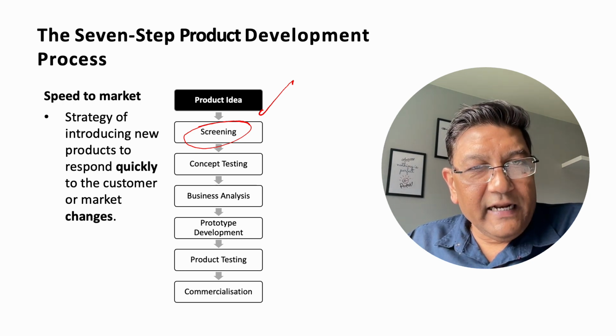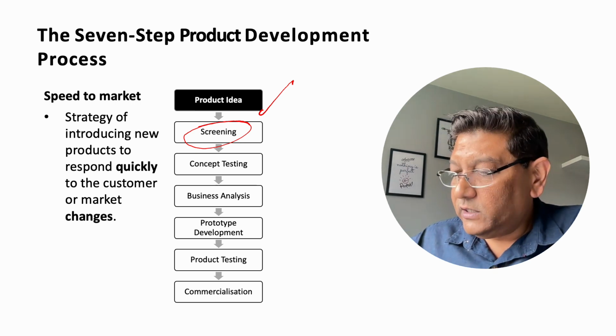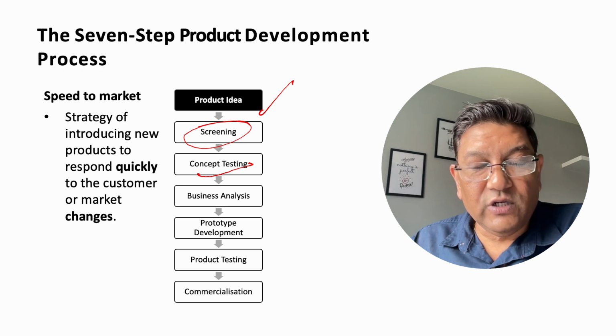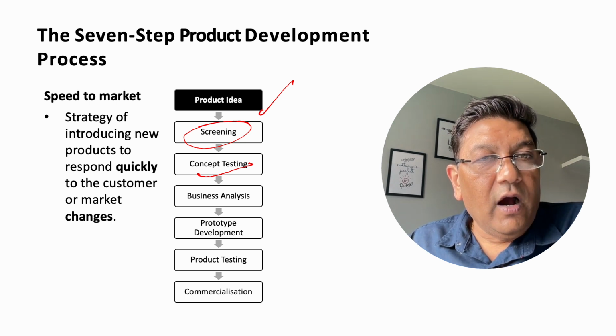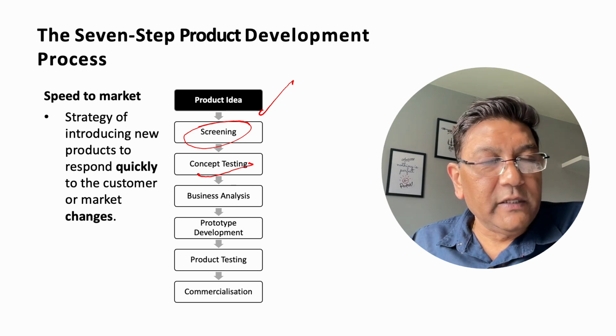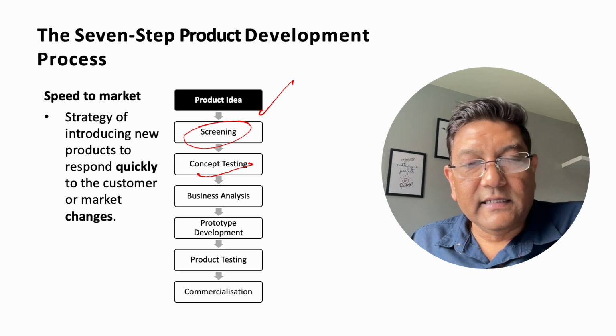Then, if it passes the screening, we go for concept testing. We have the concept, can we actually develop that product, how will it perform, what will be the outcome, what will be the results of that product. Is there viability?